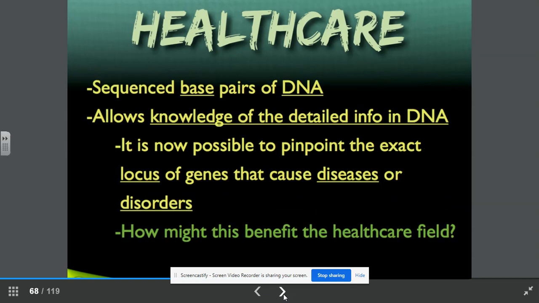Sequenced pairs of DNA. This allows knowledge of the detailed information in DNA. It is now possible to pinpoint the exact locus of genes that cause diseases or disorders. Just imagine how this might benefit the healthcare field.